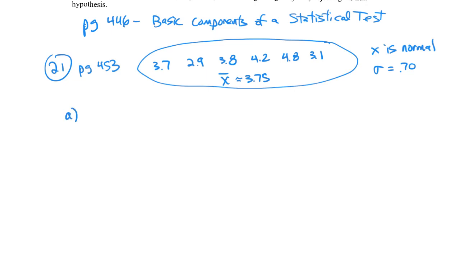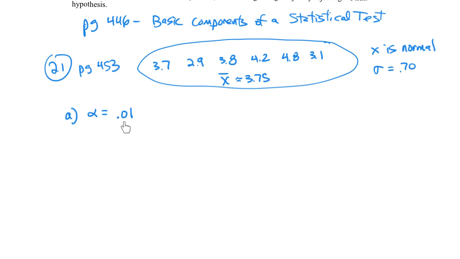Part A says, what is the level of significance? That has to be stated. That's alpha. And right at the very end of problem number 21, it says use alpha equals 0.01. So this is what it means. We start with this level of alpha before you do any experiment.